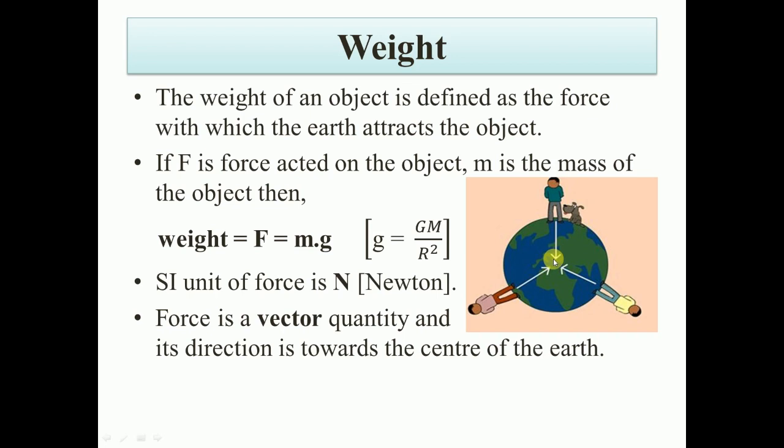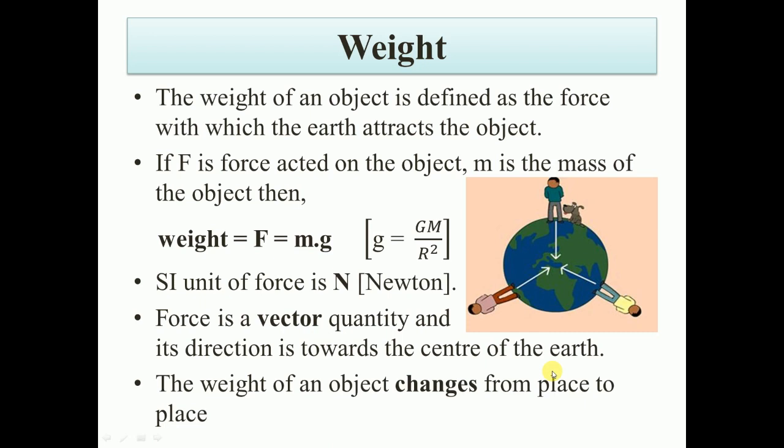And we also have a numerical value, so it has both direction as well as magnitude. If you have a numerical value as well as direction, then you can say that quantity is a vector quantity. So here force is a vector quantity and its direction is towards the center of the earth. I hope you got this about weight.